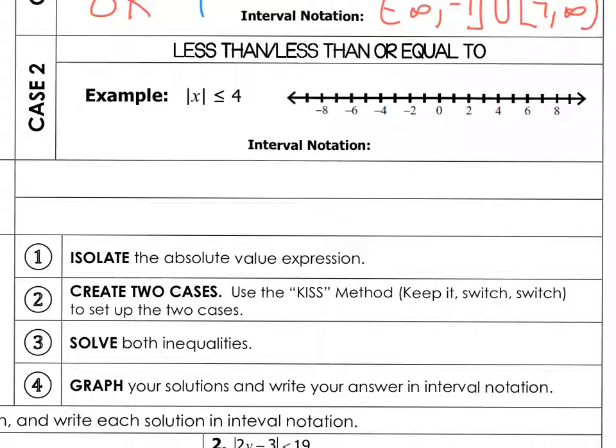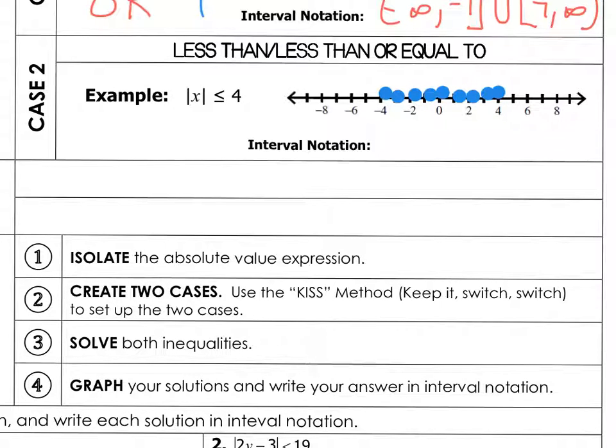In that case, we would have values such as 3, or negative 3, or negative 2, positive 2, negative 1, positive 1, 0. And of course negative 4 and 4, because it says equal to, so all of those values make that statement true.